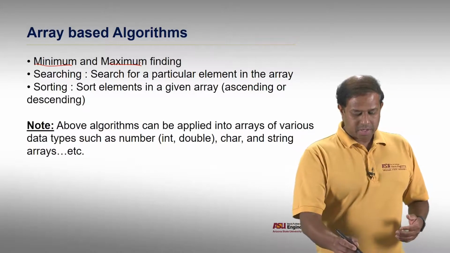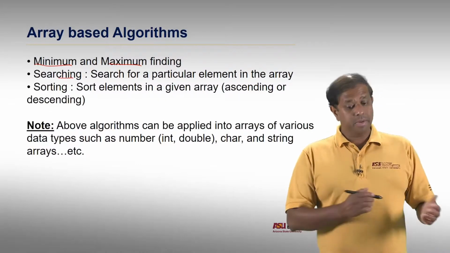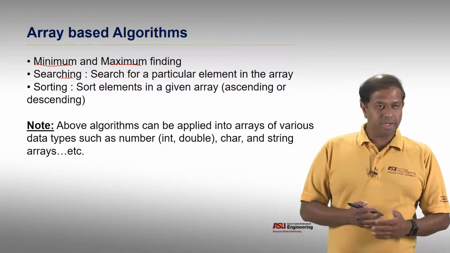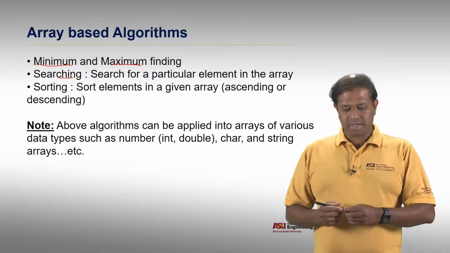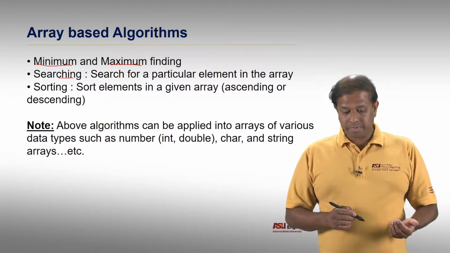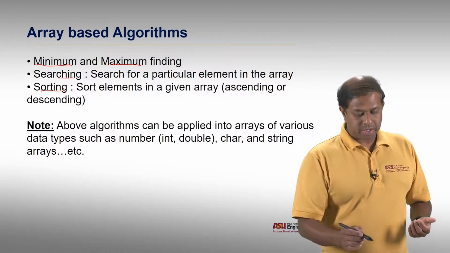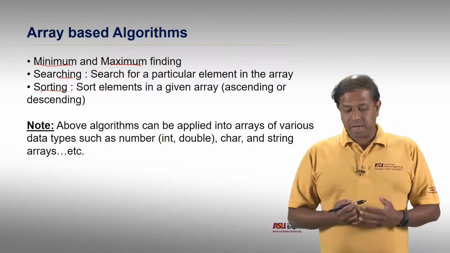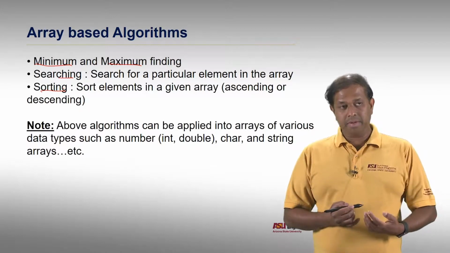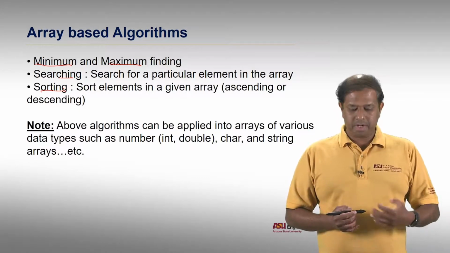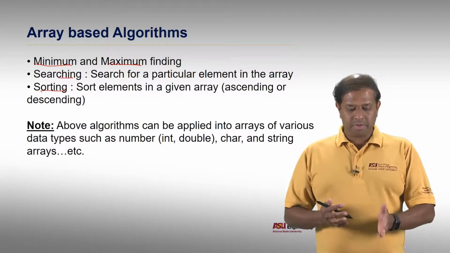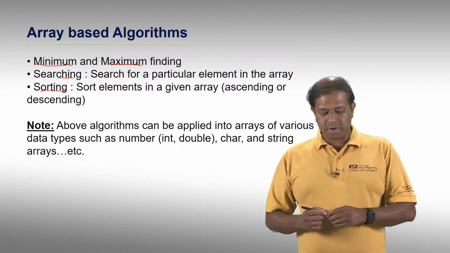Sometimes we need to search for the minimum value, or the maximum value, or search for a certain value. So minimum and maximum finding can be applied in searching. Likewise, when you are sorting data stored in an array, finding the minimum and maximum is needed in order for us to organize values in sorted order.